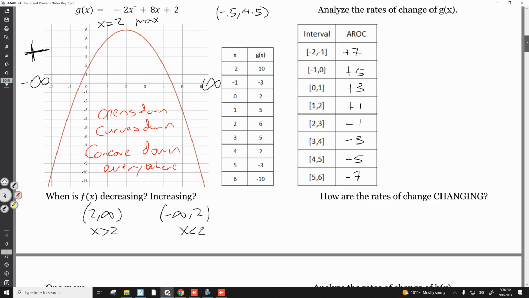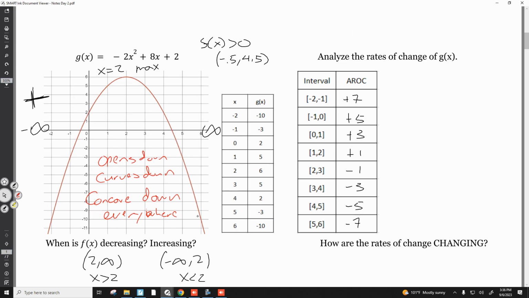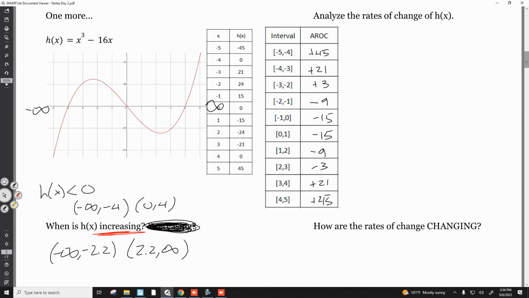Sometimes graphs curve downward. What do you see in terms of curvature here? Tell your neighbors, at least discuss it, so you're thinking a little bit. How is this graph curving? That's what I want you to say.